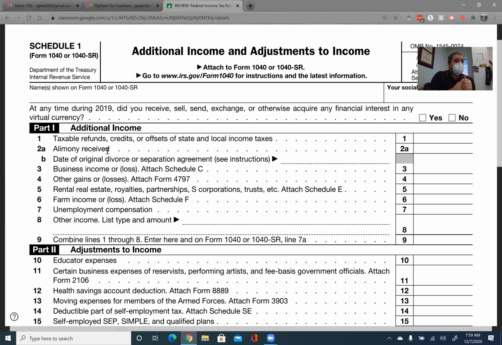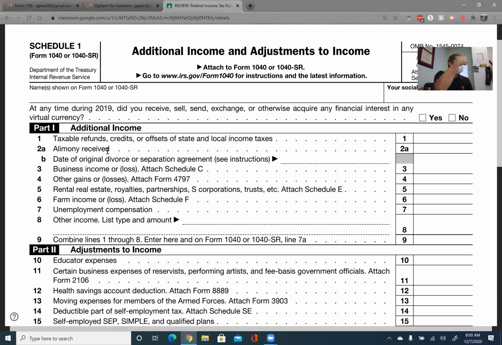Okay. So here in line 2A, we're talking about alimony received. So if in our fact pattern, we have someone who's divorced and they are receiving alimony, this is where we're going to put that information. Because if they're receiving alimony, that means their income is going up. And part 1 is all about additional income.